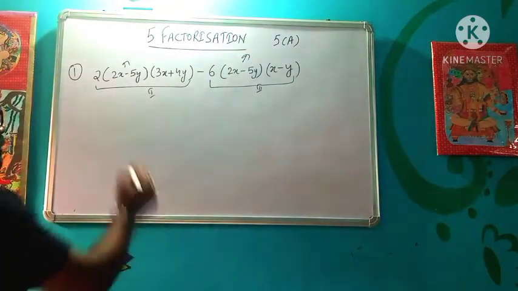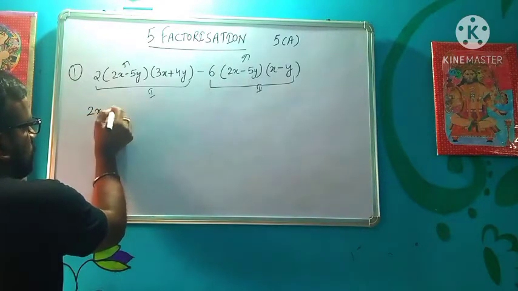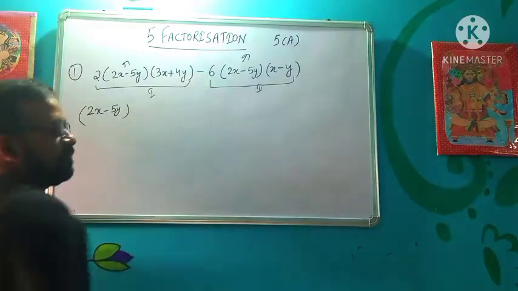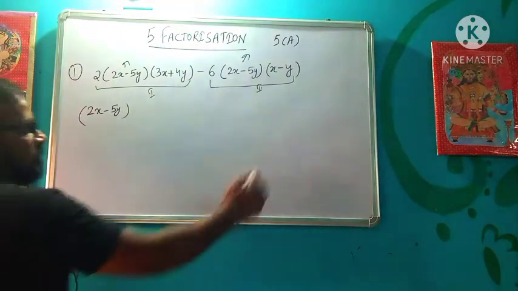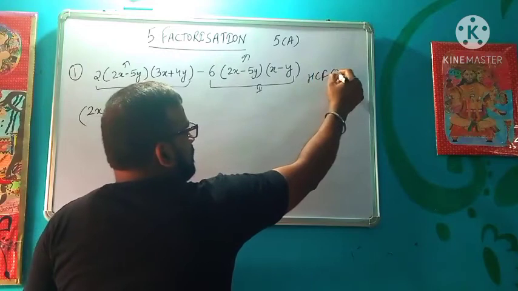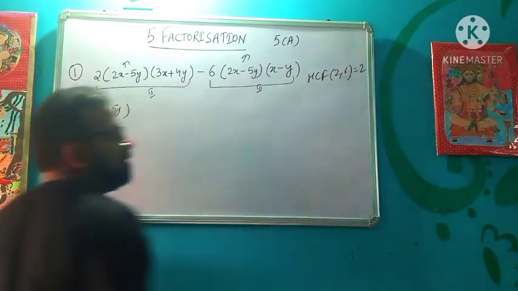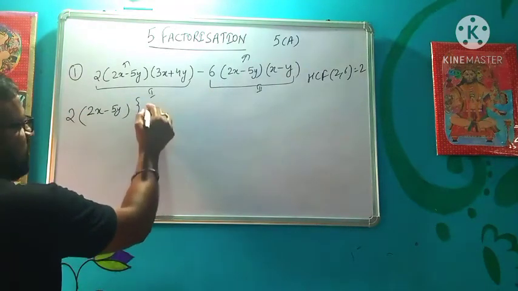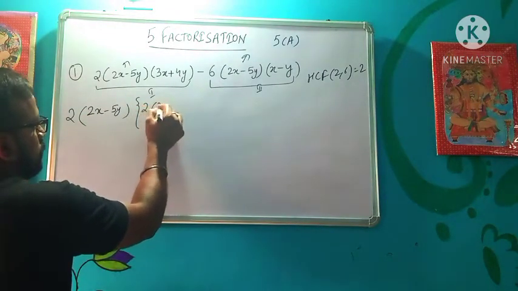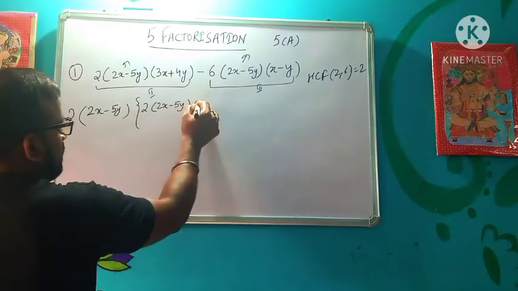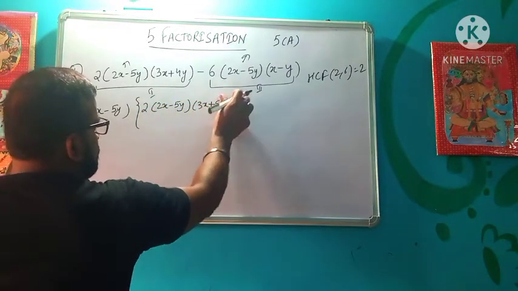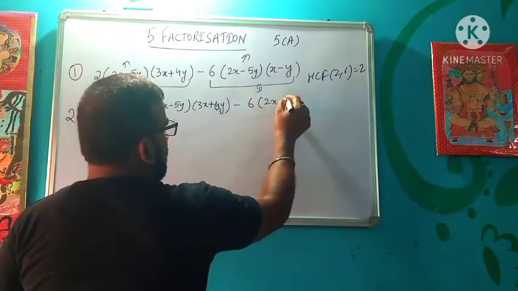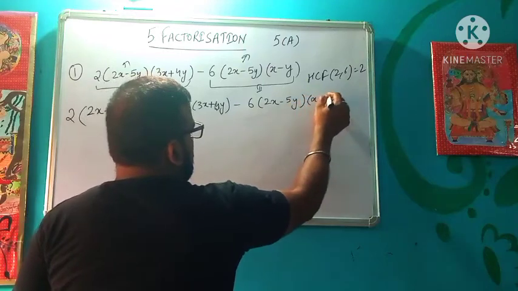Between 2 and 6, the HCF is definitely 2, so I will take this 2 out. So what I am left with in the bracket is 2(2x - 5y)(3x + 4y) - 6(2x - 5y)(x - y).